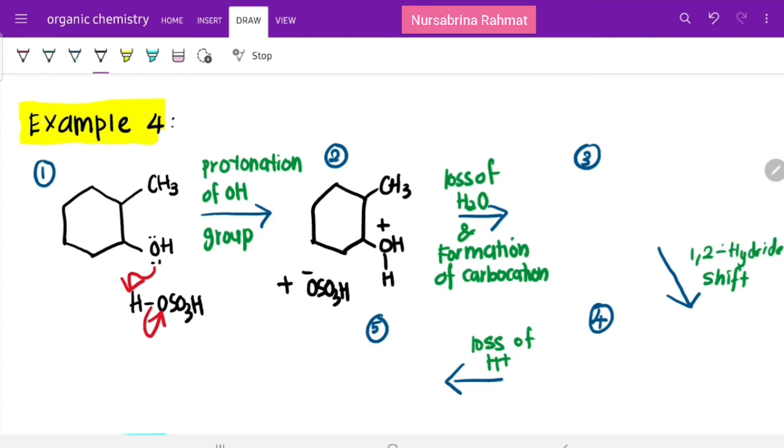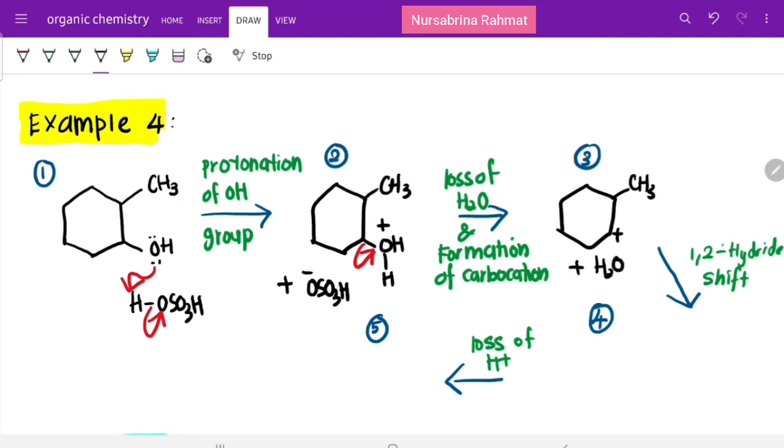Okay, so from here there will be a loss of water to form your carbocation. This bond will break and we're going to form this carbocation with the removal of a water molecule, so the plus charge here and CH3 plus water.